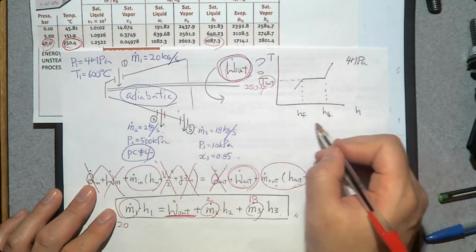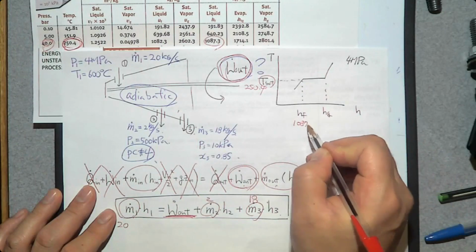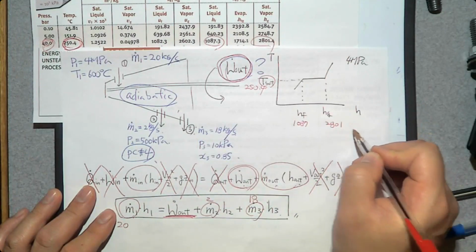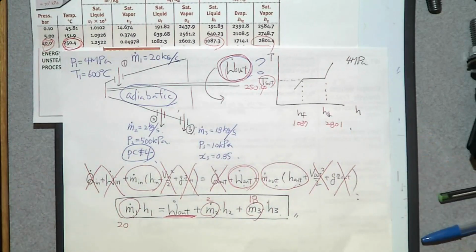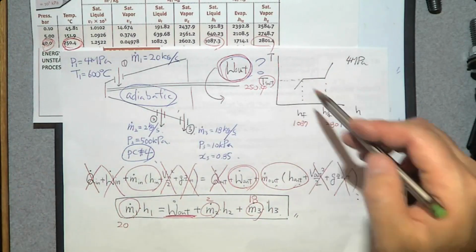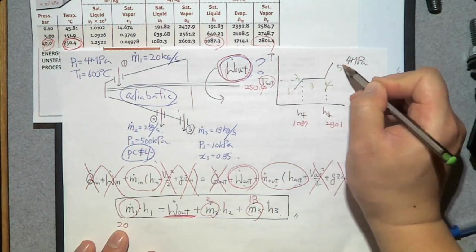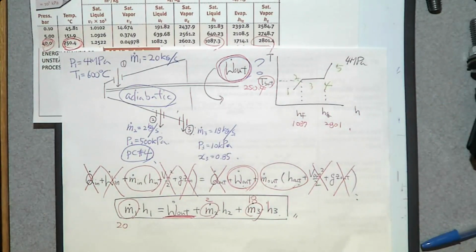Hf is 1087 something. Hg is 2801 point something. Now, on this T-H diagram, regions 1, 2, 3, 4, 5, 6. That is the T-H diagram at 4 megapascal.